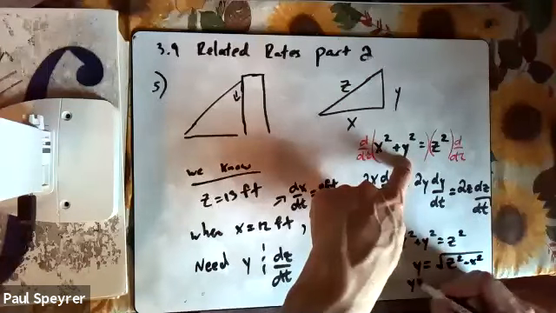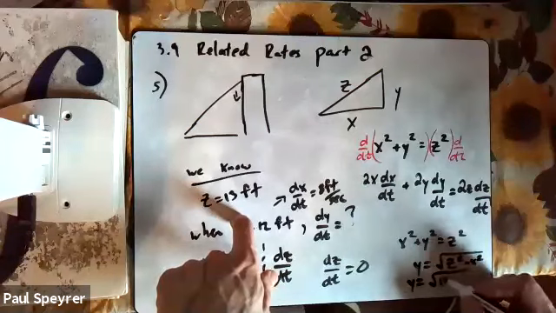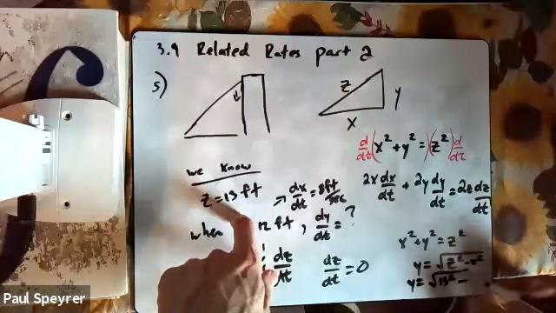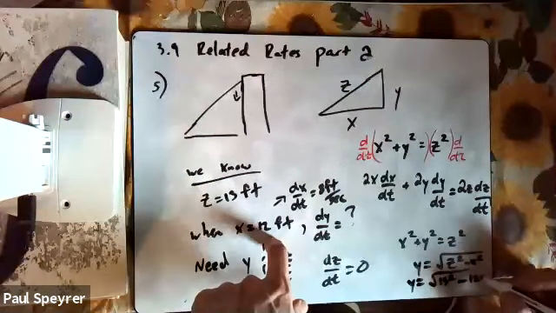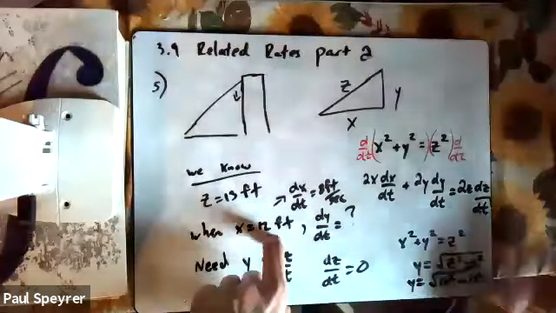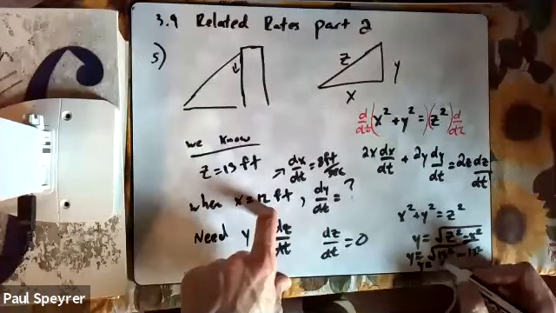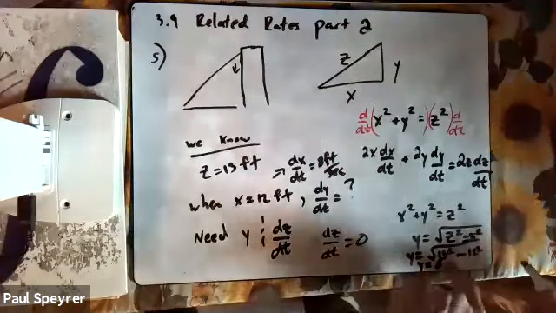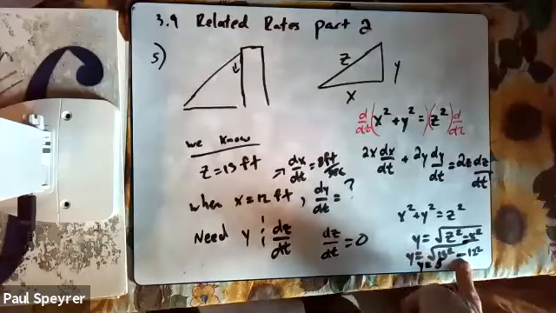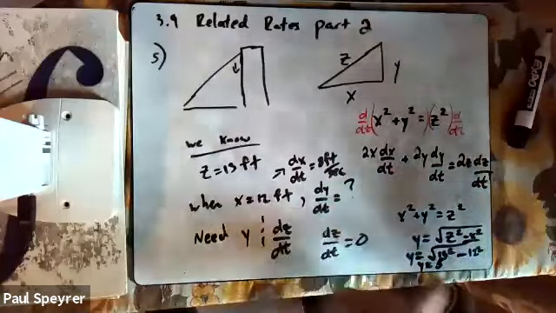So y is equal to the square root of 13 squared minus 12 squared. And you're going to wind up with y equals 5, right? Because 13 squared is 169, minus 12 squared is 144, and that's the square root of 25, which is 5.